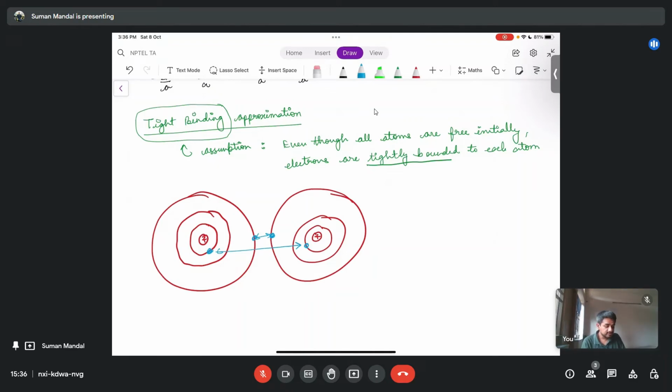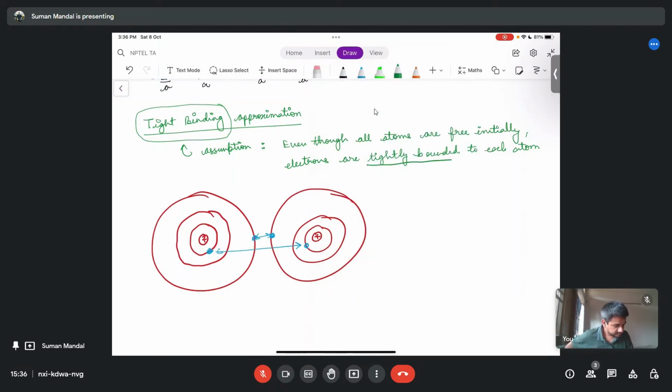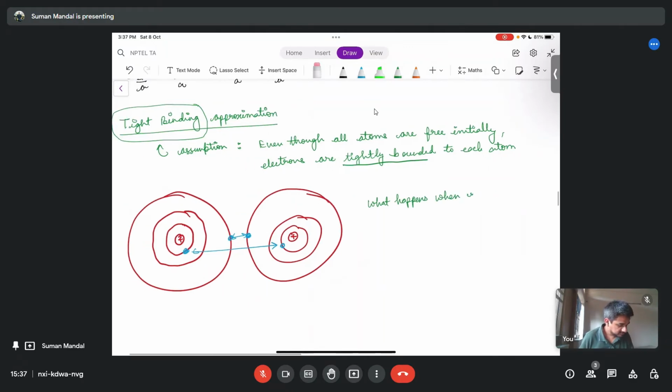So what happens when you bring them further close? You apply pressure and bring them closer.